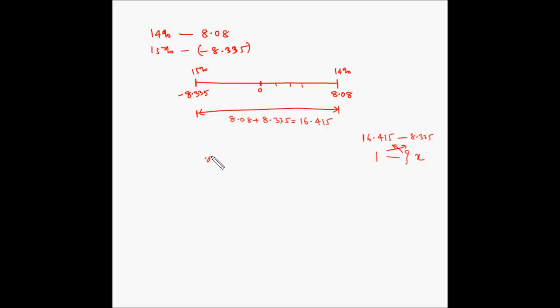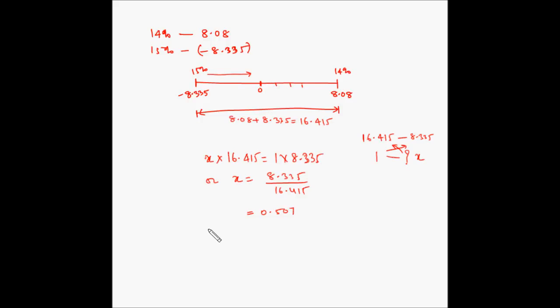So we get x into 16.415 is equal to 1 into 8.335, or x is equal to 8.335 divided by 16.415. Now this is equal to 0.507. So basically we have to reduce 0.507 from 15, because we are moving on this side towards 14.